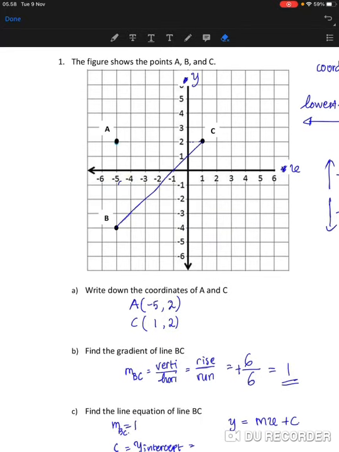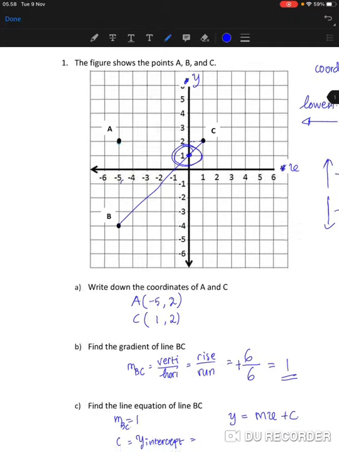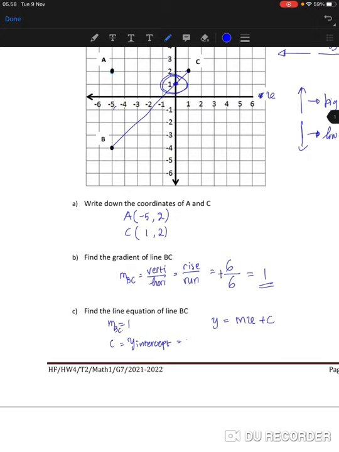Like here, the line BC is cutting the y-axis at 1. At 1, right? So your y-intercept is going to be positive 1 here.